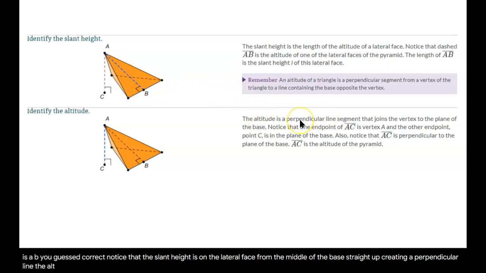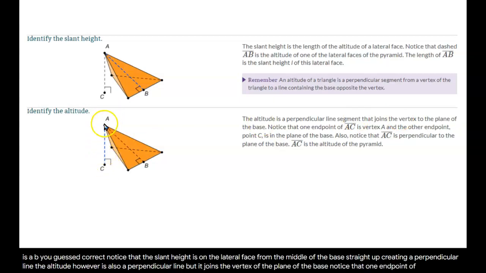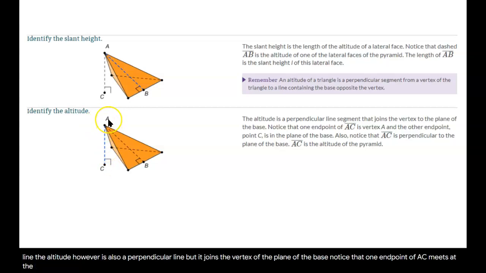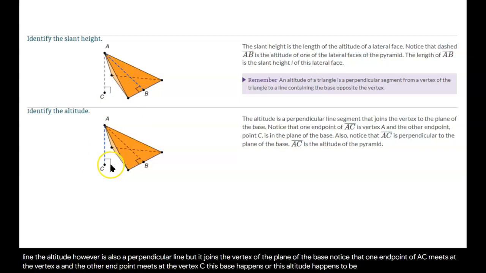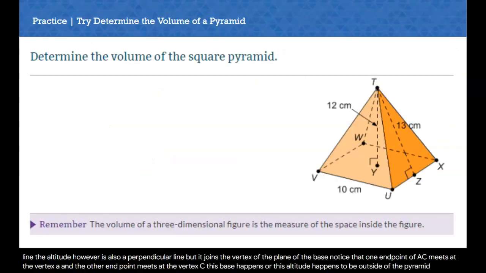The altitude, however, is also a perpendicular line, but it joins the vertex to the plane of the base. Notice that one endpoint of AC meets at the vertex A, and the other endpoint meets at the vertex C.